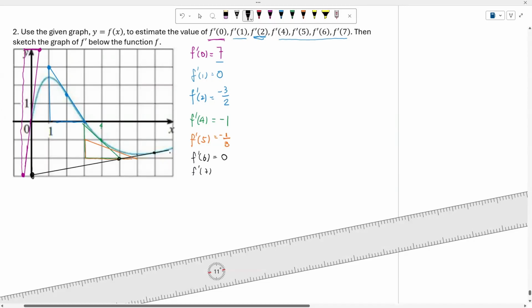We go up by 1, 2, 3, 4, 5. Now remember, your answer and my answer may not be the same because it depends on how you draw the straight line that approaches the point.